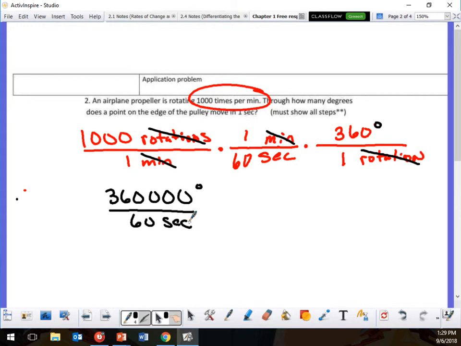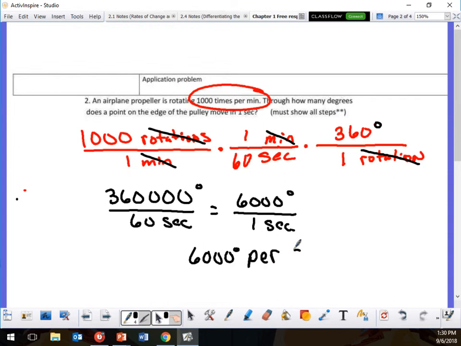So when I divide this out, it's going to be per second. For every 1 second, it's going to move that many degrees. You all got your calculator right there, so what should we come up with here? 6,000. So it's going to be 6,000 degrees every 1 second. Or if you write it out as 6,000 degrees per second, it means the same thing.